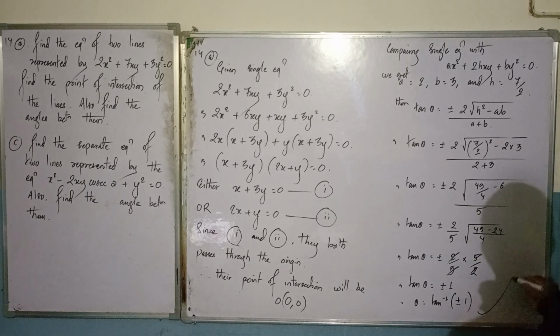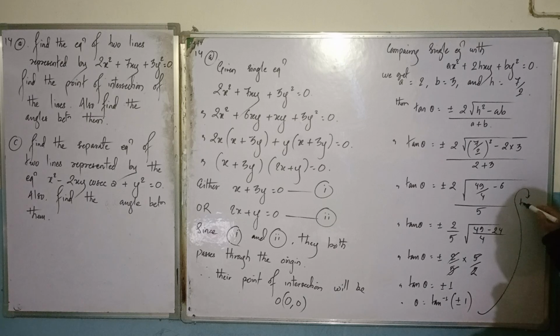If you take the positive sign, you will get theta is equal to 45 degrees, and if you take the negative sign, you will get theta is equal to 180 minus 45 degrees, that is 135. Therefore the value of angle theta will be 45 and 135 degrees.